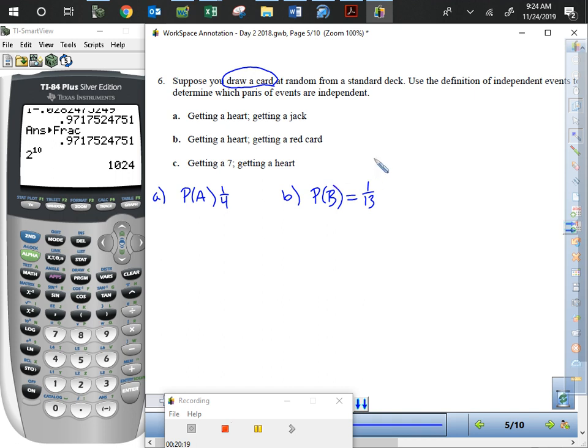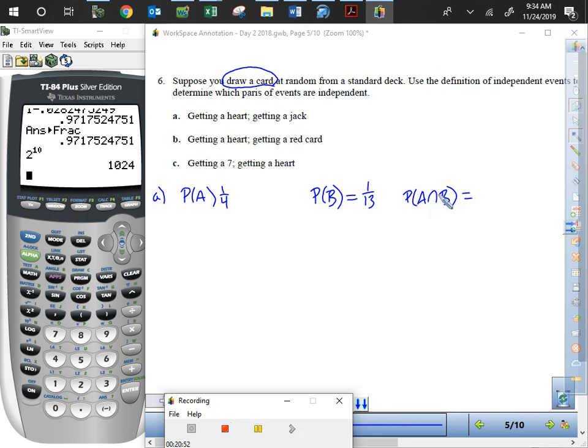So let's look at the product, or the intersection, excuse me. So A intersect B, the intersection here. We just want to think about whether it's possible to get a heart and a jack at the same time, and if so, how many of those happen in a deck?